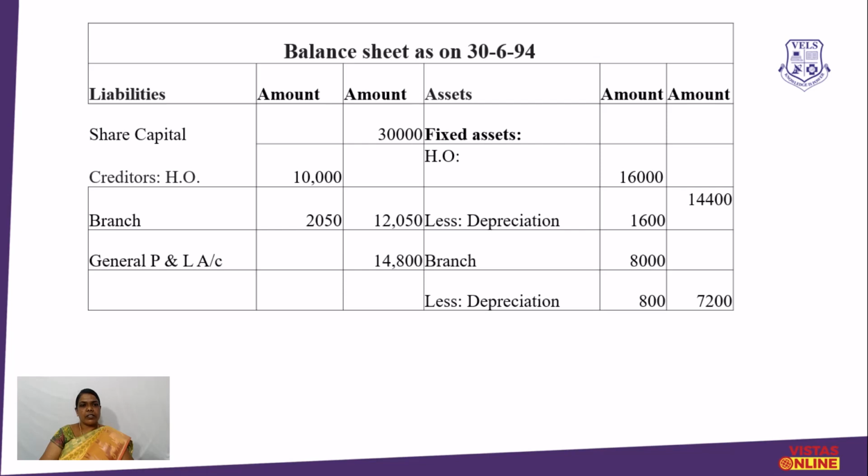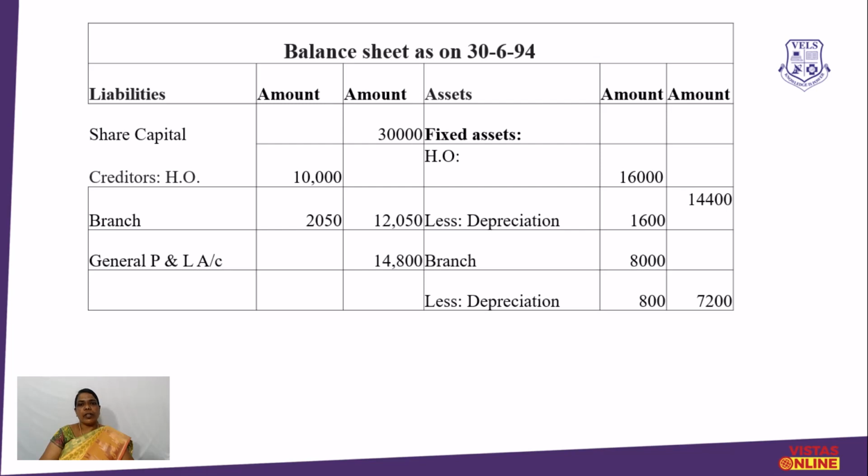Then creditors head office 10,000, branch creditors 2,050. You will total it and write it in the outer column, 12,050. Then the general profit and loss account balance is 14,800. Also we will write it on the liability side.